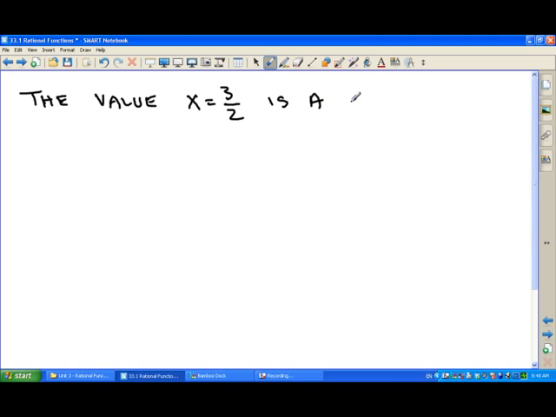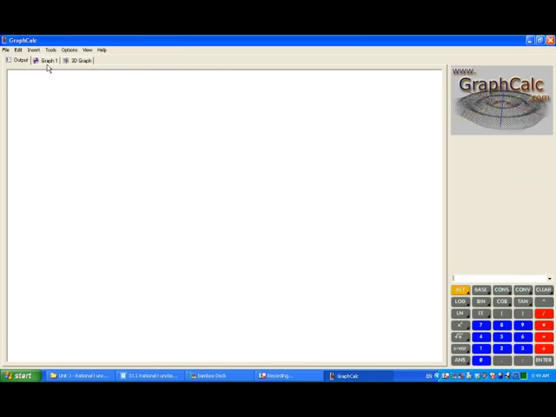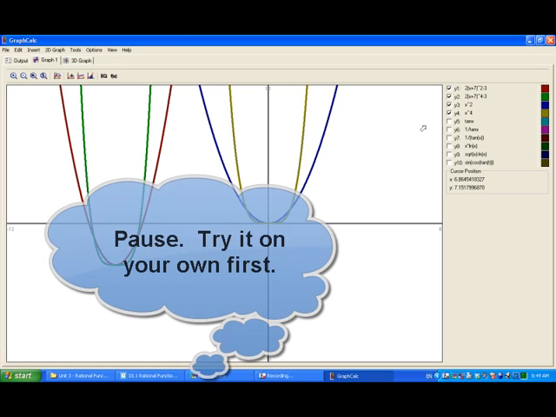It's called a vertical asymptote. And the value that we saw when our x value gets very, very large and very, very small, y equals 0, is called a horizontal asymptote. So we can put all this together and we can graph this.